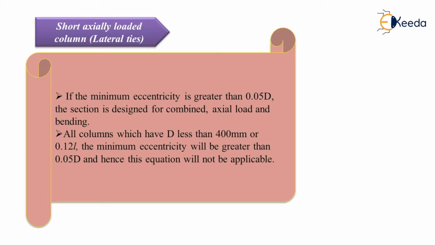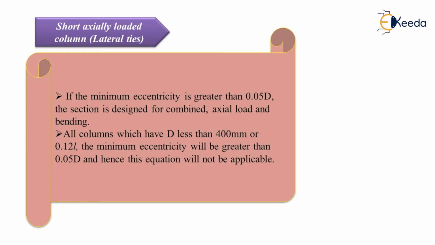Why 20 mm? Because as per the IS code, the minimum eccentricity should be 20 mm. So, calculating the capital D, D equals 20 upon 0.05, which is equal to 400 mm. That means if the column has capital D less than 400 mm, then this equation will not be applicable.